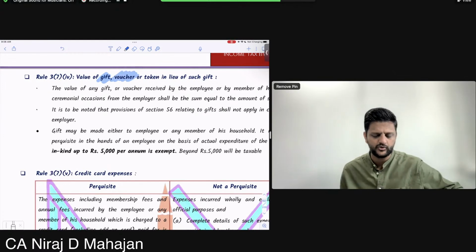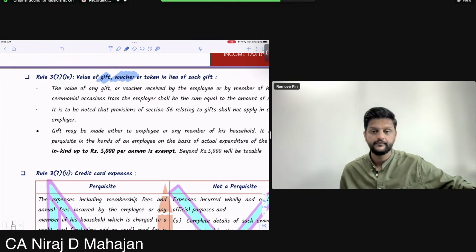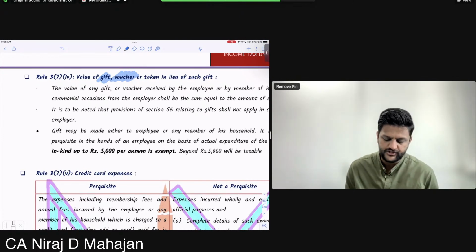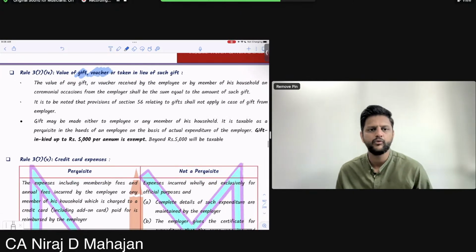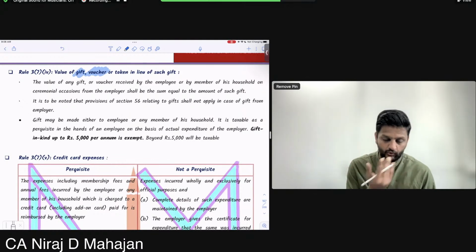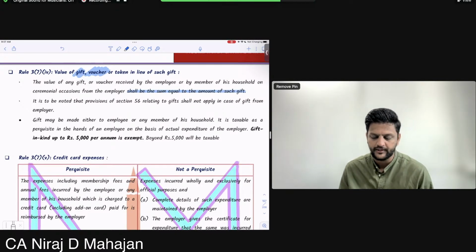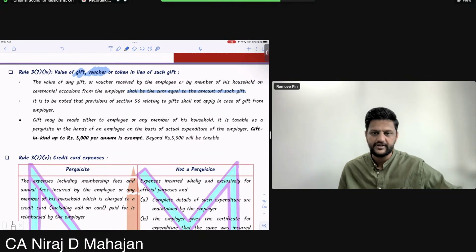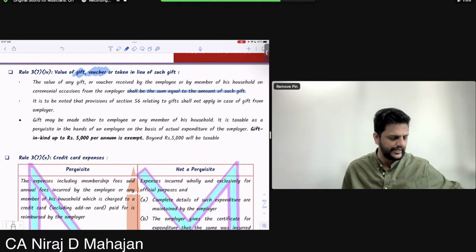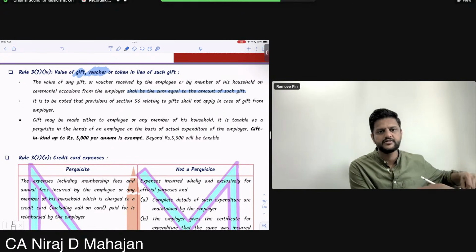Token means the same thing, voucher only, in lieu of such gift. The value of any gift or voucher received by the employee or any member of his family on ceremonial occasions, birthdays, anniversaries, etc. from the employer shall be a perquisite equal to the amount of such gift, basically fair market value. Note that the provisions of Section 56 relating to gifts shall not apply in case of gift from employer. Section 56 is the charging section for income from other sources.